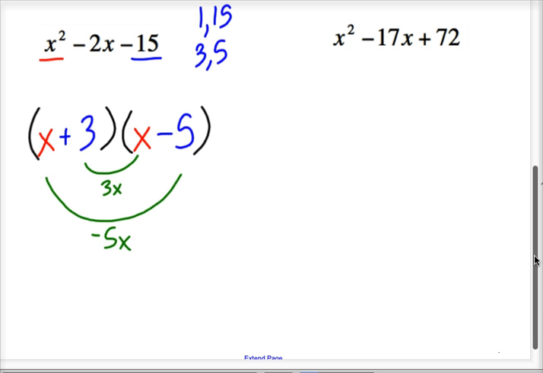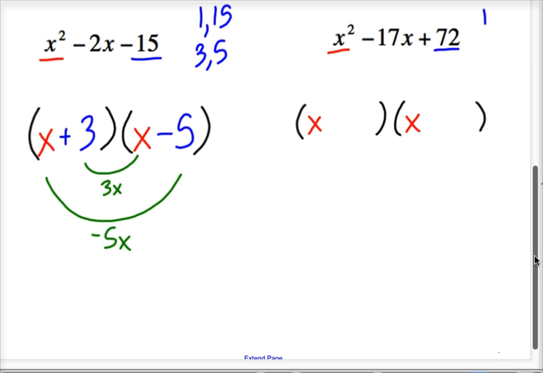All right, and keeping this rolling, our last example. I'm going to start with my basic structure. Again, x squared comes from x and x. I look at the 72, and I want to write down the possibilities of things that multiply to 72.